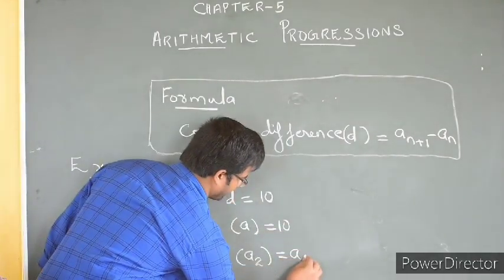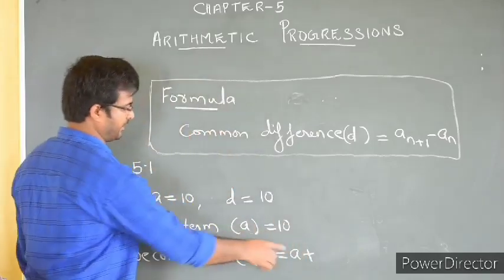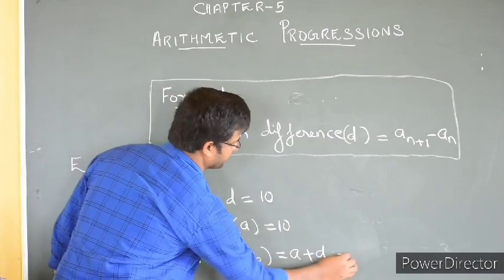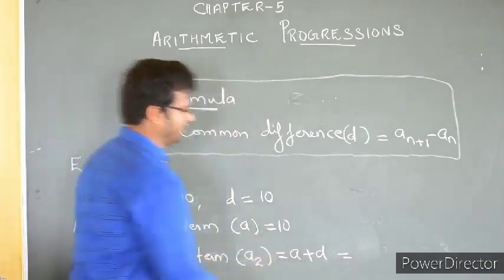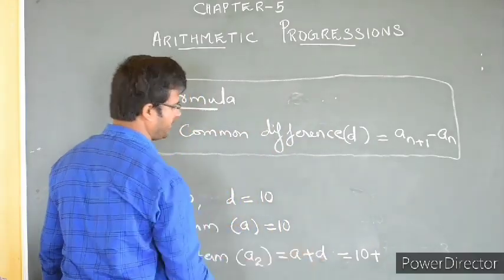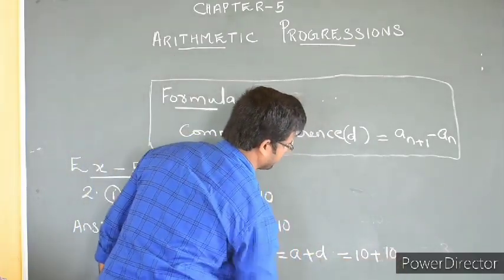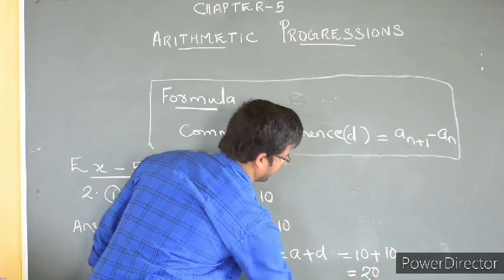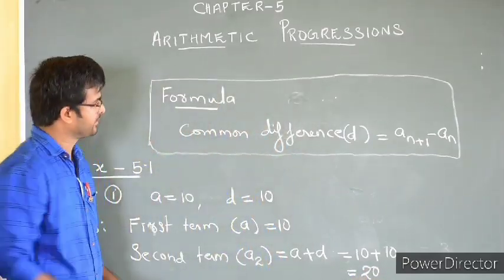For A2, first term, that is a plus common difference. Common difference is d. In here a is 10. 10 plus common difference d, also 10. 10 plus 10, 20. This is our second term.